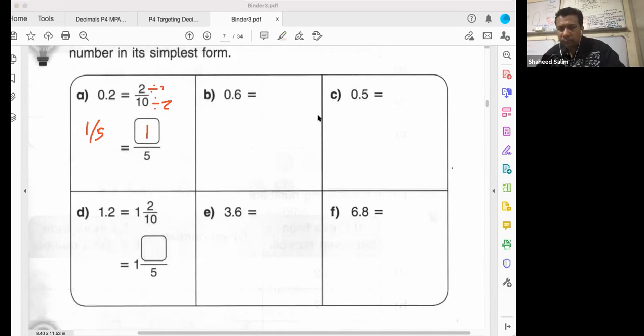Razik, B, correct. Putra, C, correct. Putra, B, correct. Shafia, A, correct. Amara, you do B and D, okay?